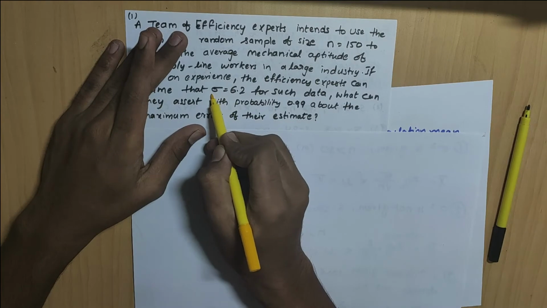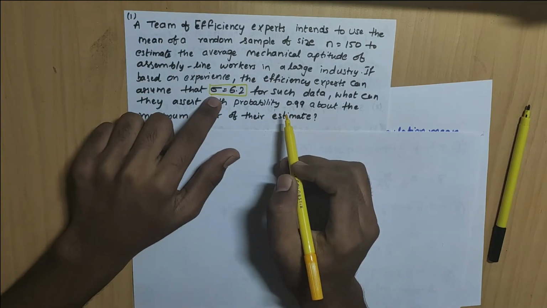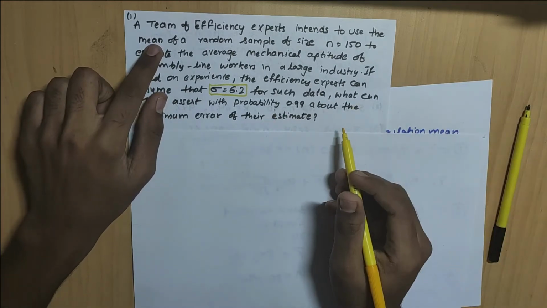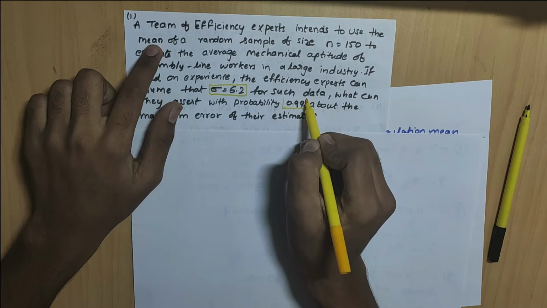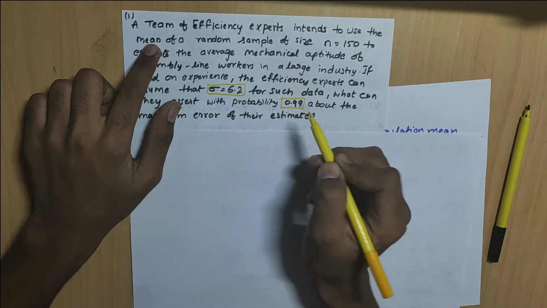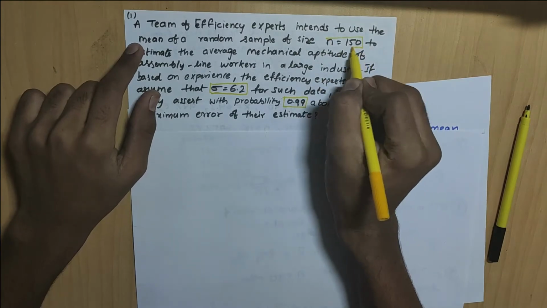We just find out the terms. Here the given is sigma, and 1 minus alpha, meaning the confidence interval, and another term n is 150.